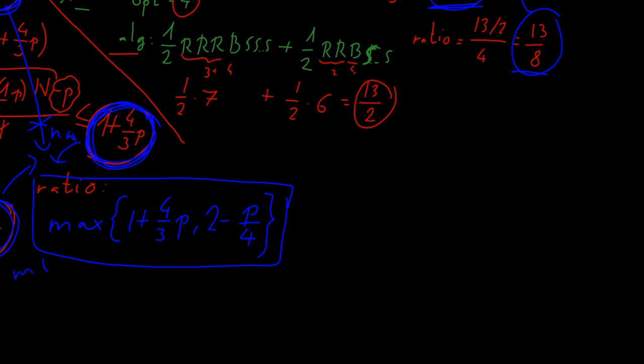So the question is, if I have this competitive ratio, how can I choose a value for P in order to minimize this term? Now, if there is only one variable, then it's fairly easy to do this, because I'm just drawing these functions.